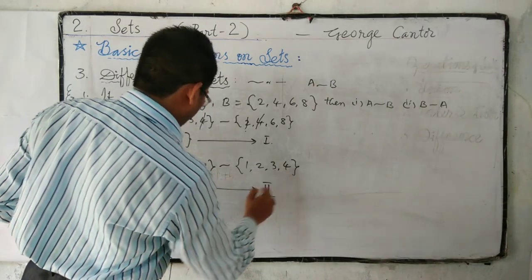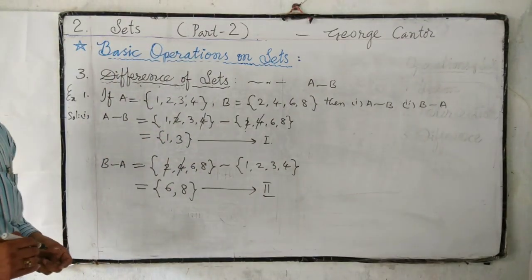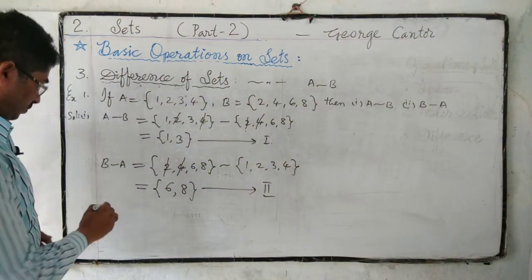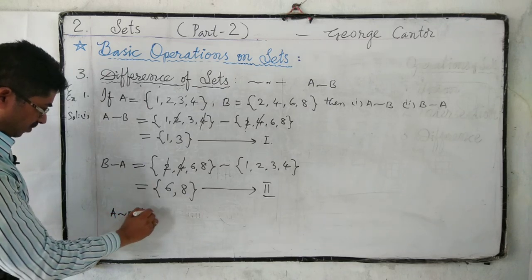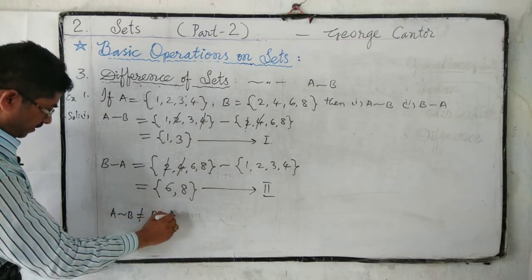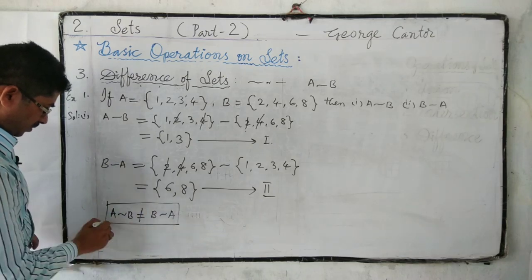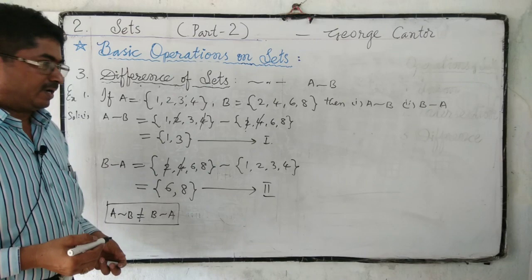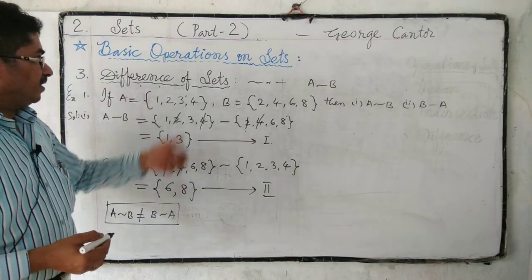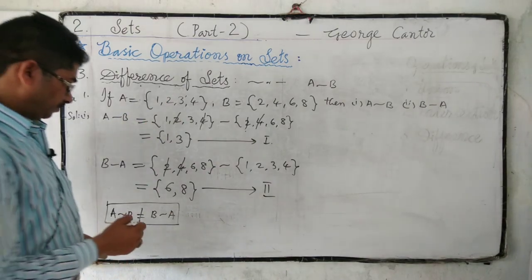By observing these two results, we can understand that A minus B is not equal to B minus A. There is no commutative property under difference of sets.